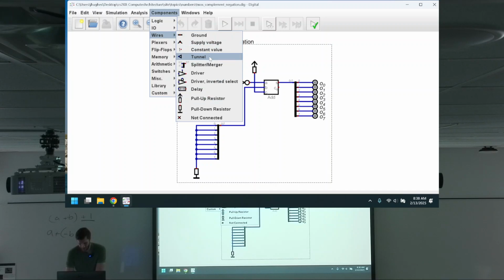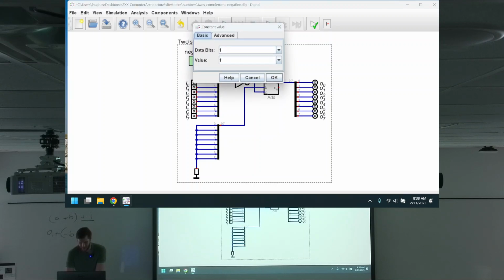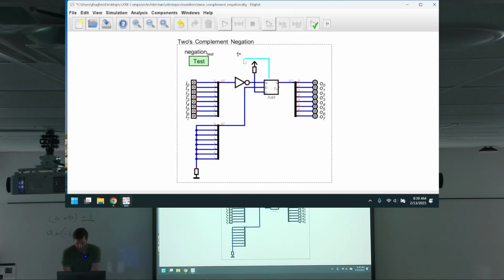You're going to see it. Constant values, where you can set this to be a 1 or a 0 or really whatever you want it to be if it's a multiple bit input. I left it like this to make it a little bit more low level to what the circuitry is. But I can set this to 1.